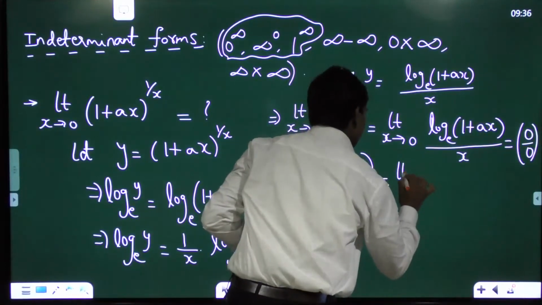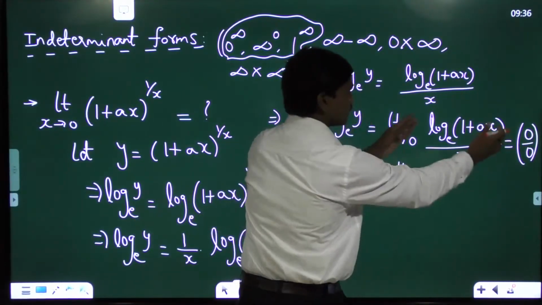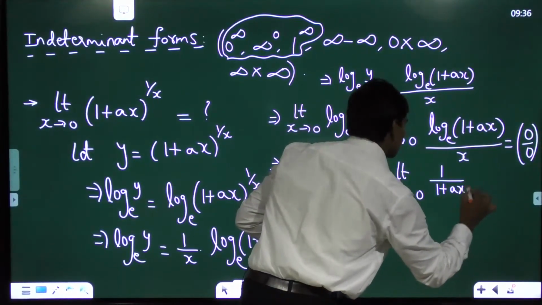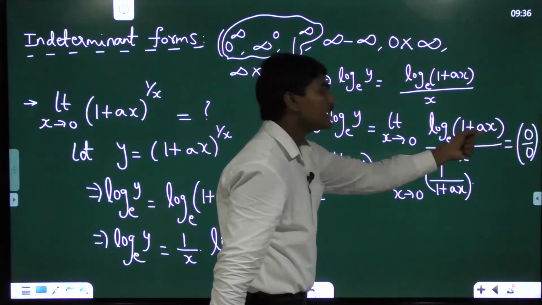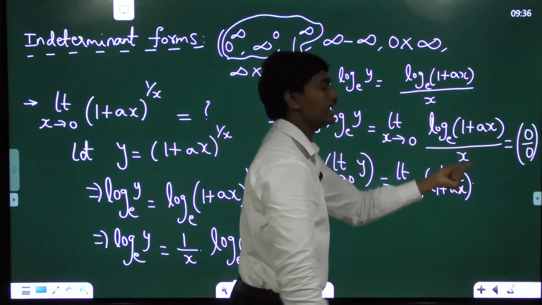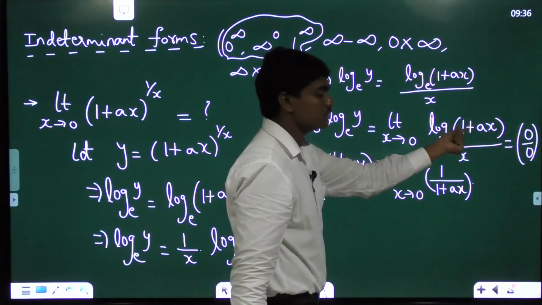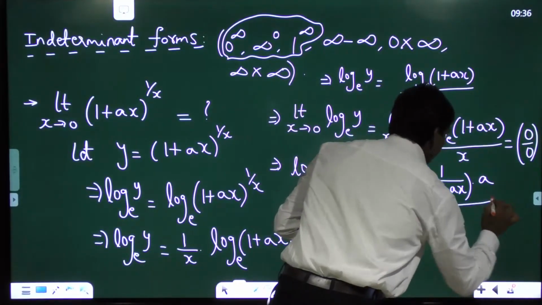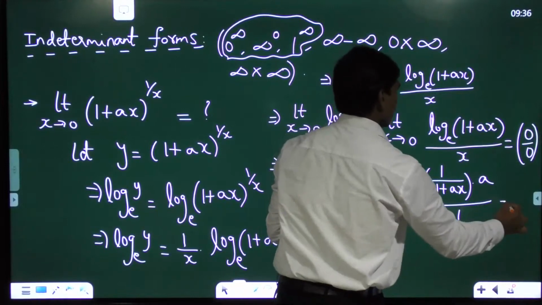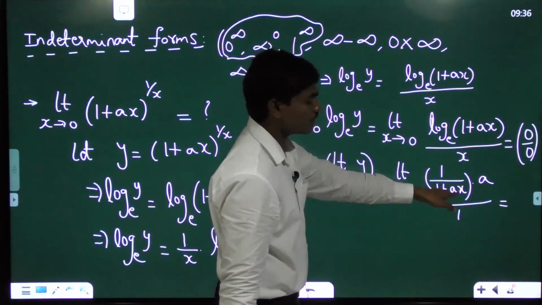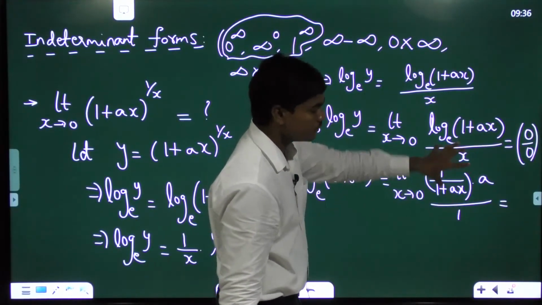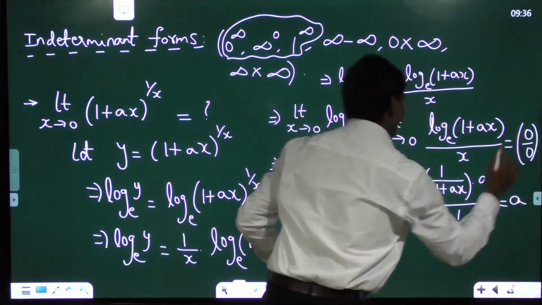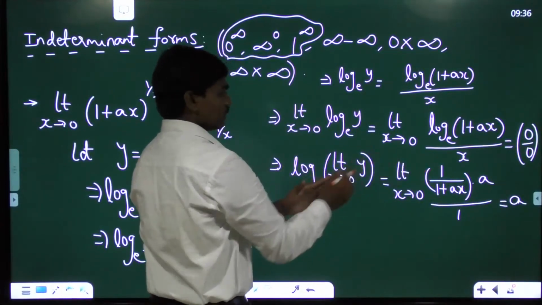Now the derivative of this log of 1 + ax is 1 by 1 + ax into the inner derivative of this 1 + ax, which is a, because the derivative of 1 is 0, 0 plus differentiation of ax with respect to x is a, divided by the derivative of this x, which is 1. Now if you put 0 here, then 1 by 1 + a into 0, this whole value in the bracket will give you 1, and this is equal to a. So the right hand side of this expression is equal to a.